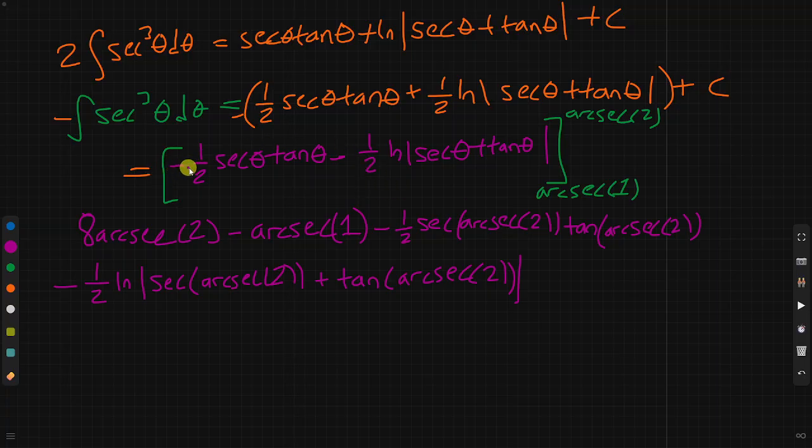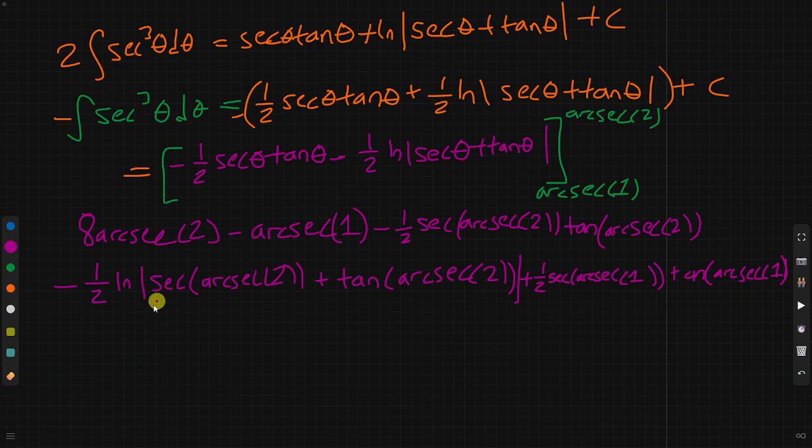So instead of writing negative 1/2, I'm going to write positive 1/2 secant of arcsecant of 1 times tangent of arcsecant of 1.